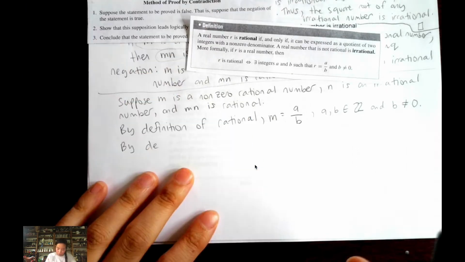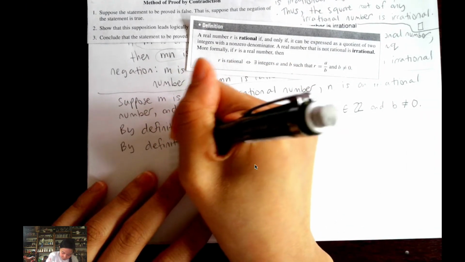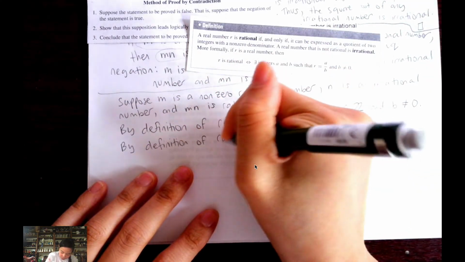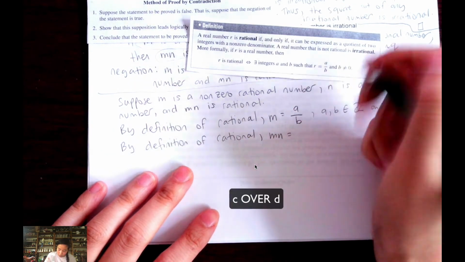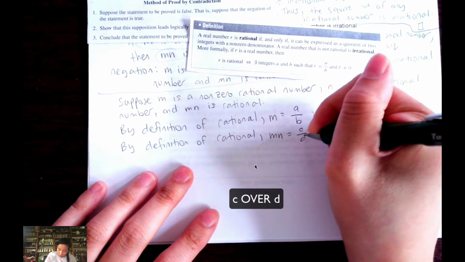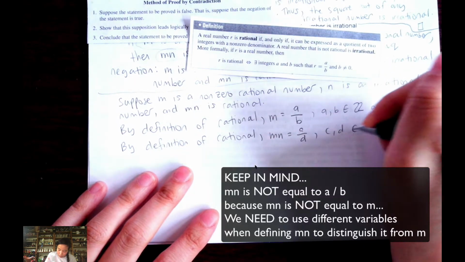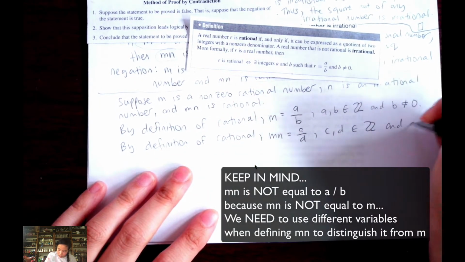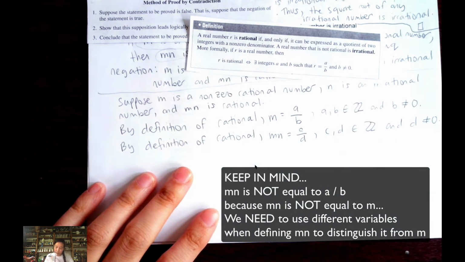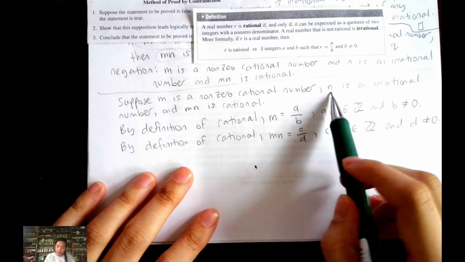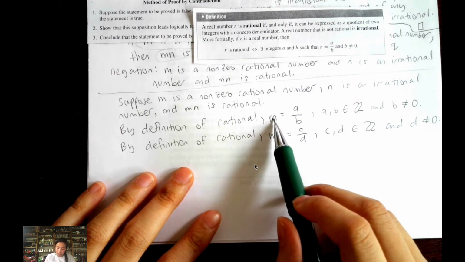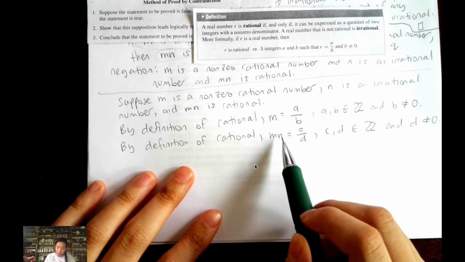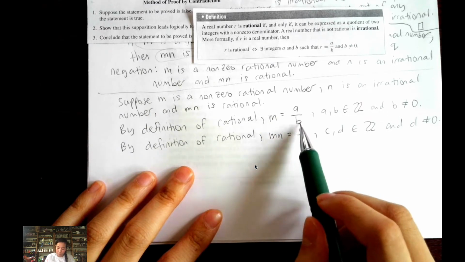Likewise, by definition of rational, mn equals, let's call it c over d, where c and d are elements of the set of integers and d is not equal to 0. And now we want to show that n is a rational number. Since we have m and we're given mn, we can solve for n by substituting m with a over b.